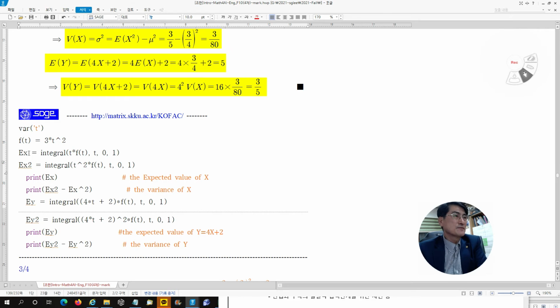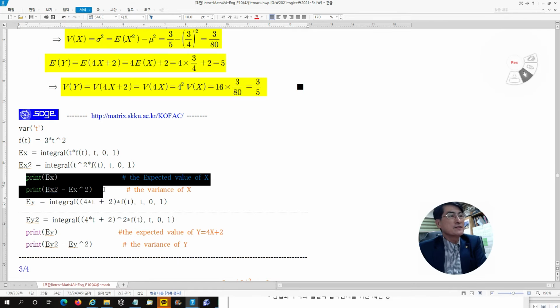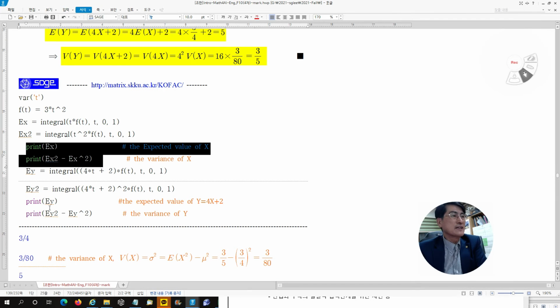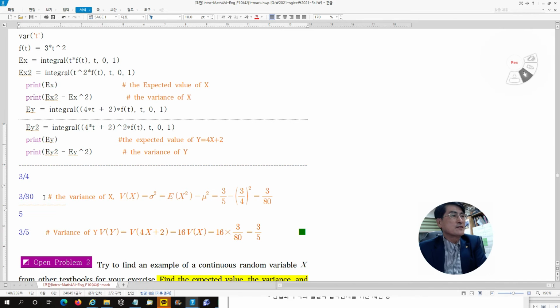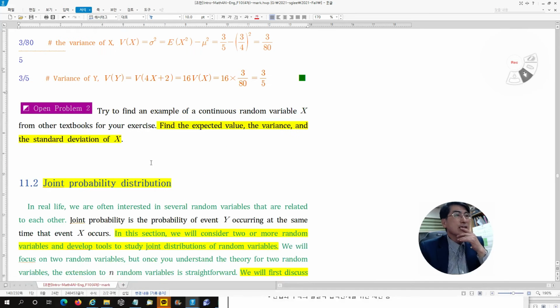So after we define it, if we print these values, then this gives us the variance of x and the variance of y. Like this. Okay, I think that's it.